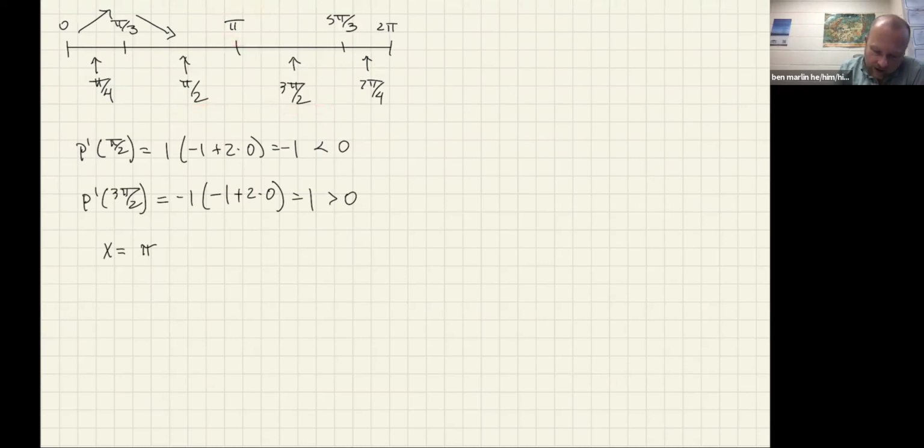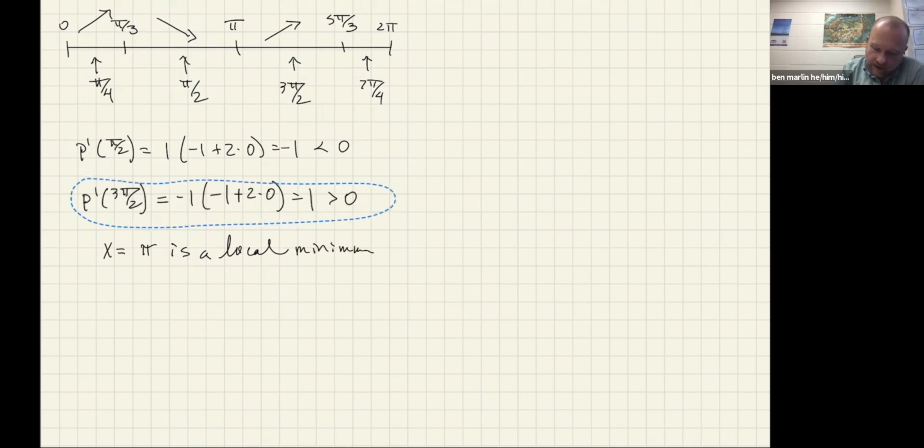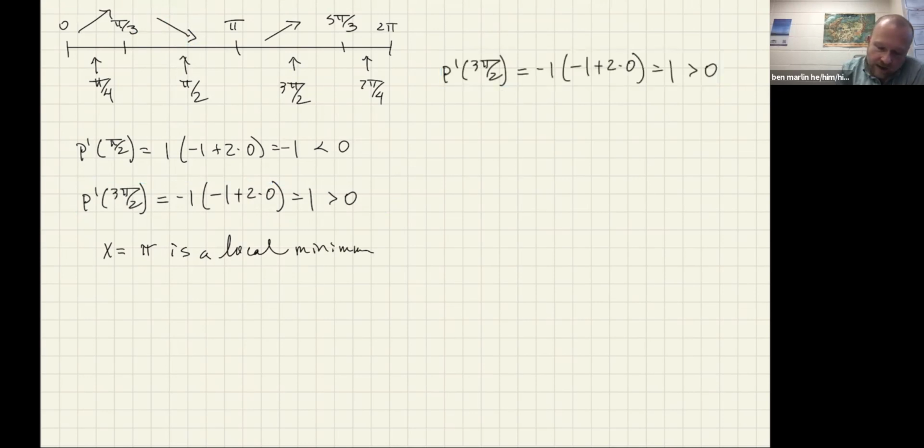So x equals pi is a local, and to see what's going on with that, you have to think about that it's going down and now it's going up. So that means that it's a local minimum, okay?